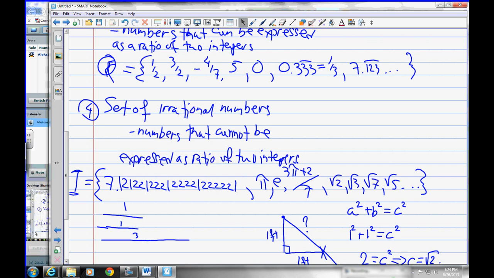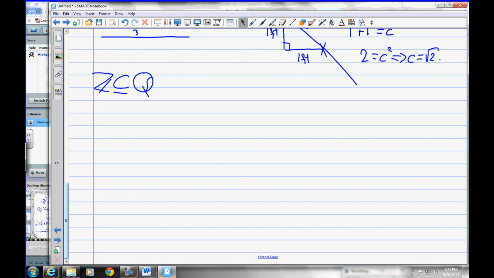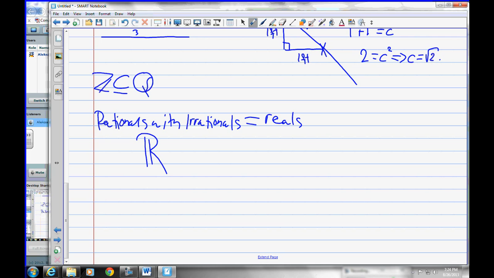But if you put rationals together with irrationals, you get yourself a set of real numbers. And the notation for that, a set of real numbers, we use capital letter R. Okay?